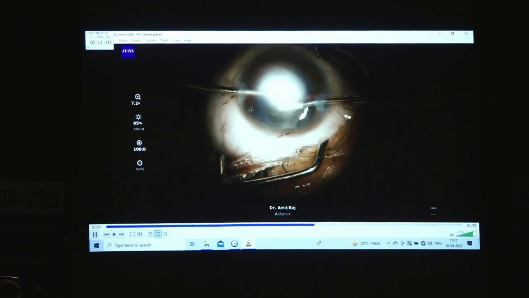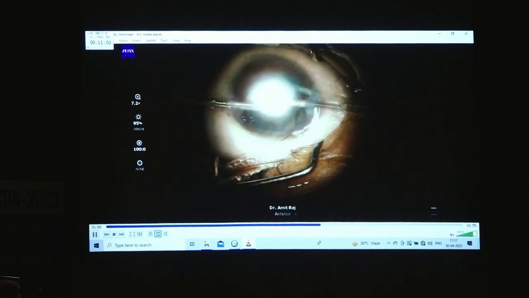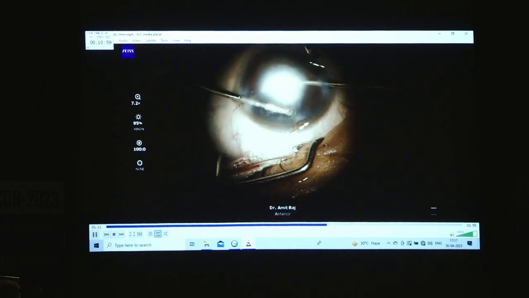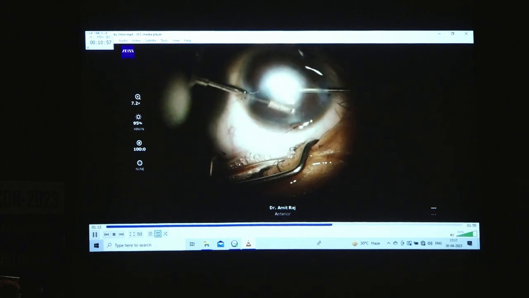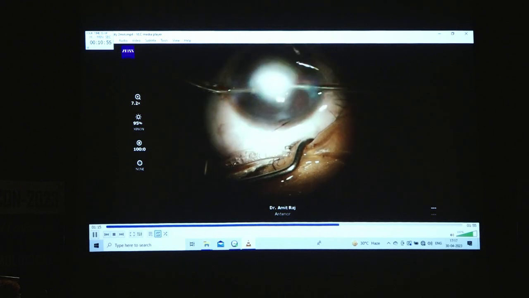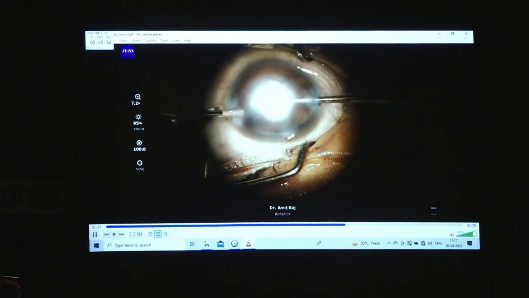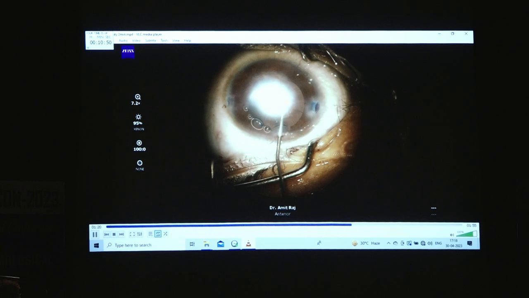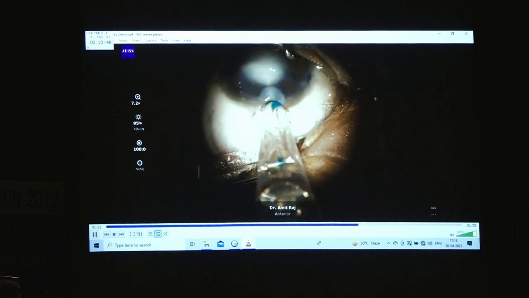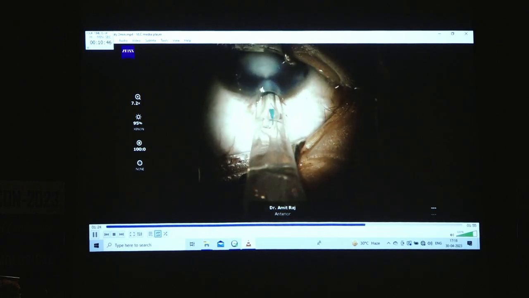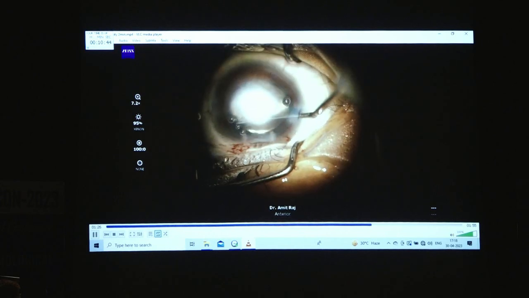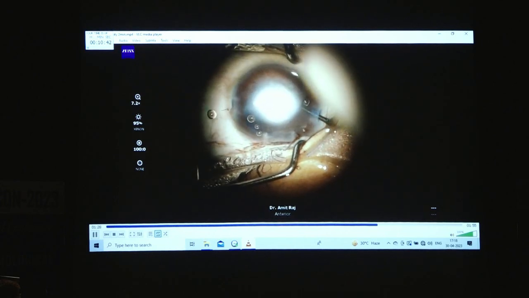After that, the cataract was soft, so it was aspirated. A single piece IOL was implanted.